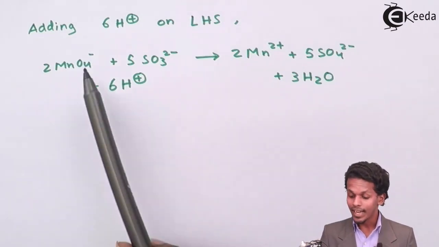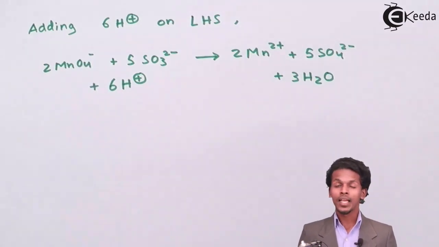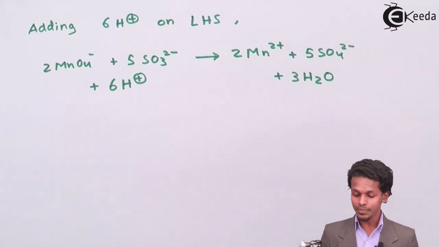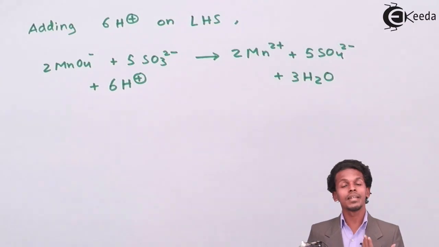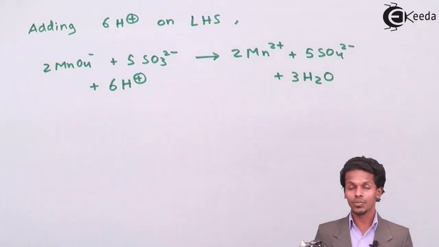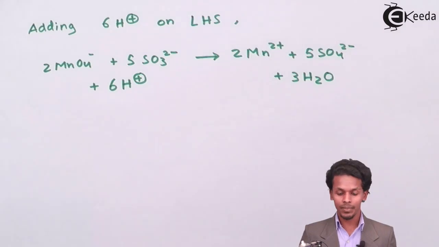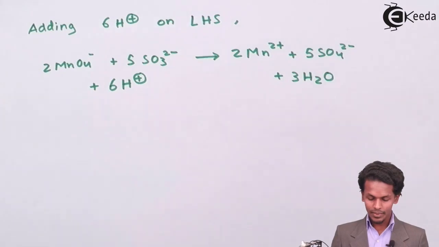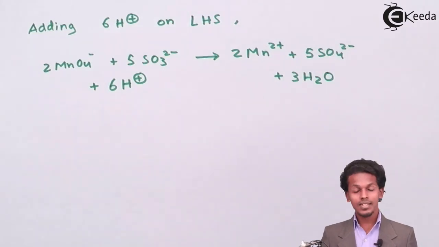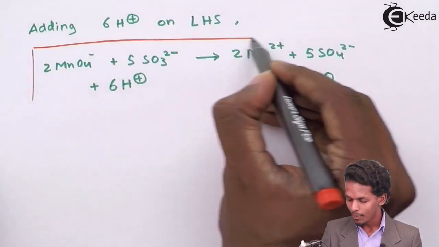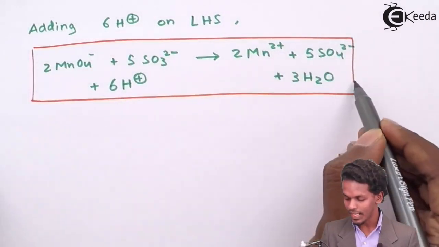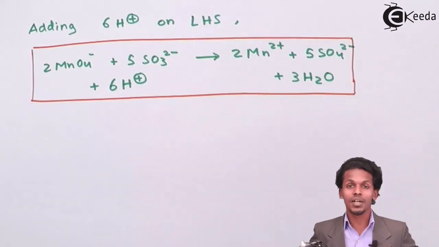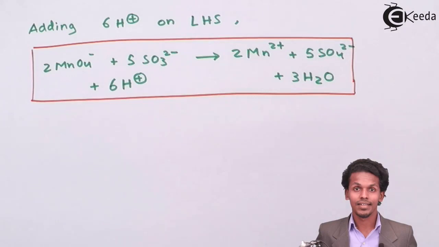It is balanced with electrons also, as we did earlier, as well as with oxygen atoms, and ultimately it is balanced with the hydrogen atoms also. And since we are doing it in acidic medium, we have represented it by H plus. So this is the overall balanced reaction that we have evaluated from an unbalanced reaction by using the oxidation number method and various steps.